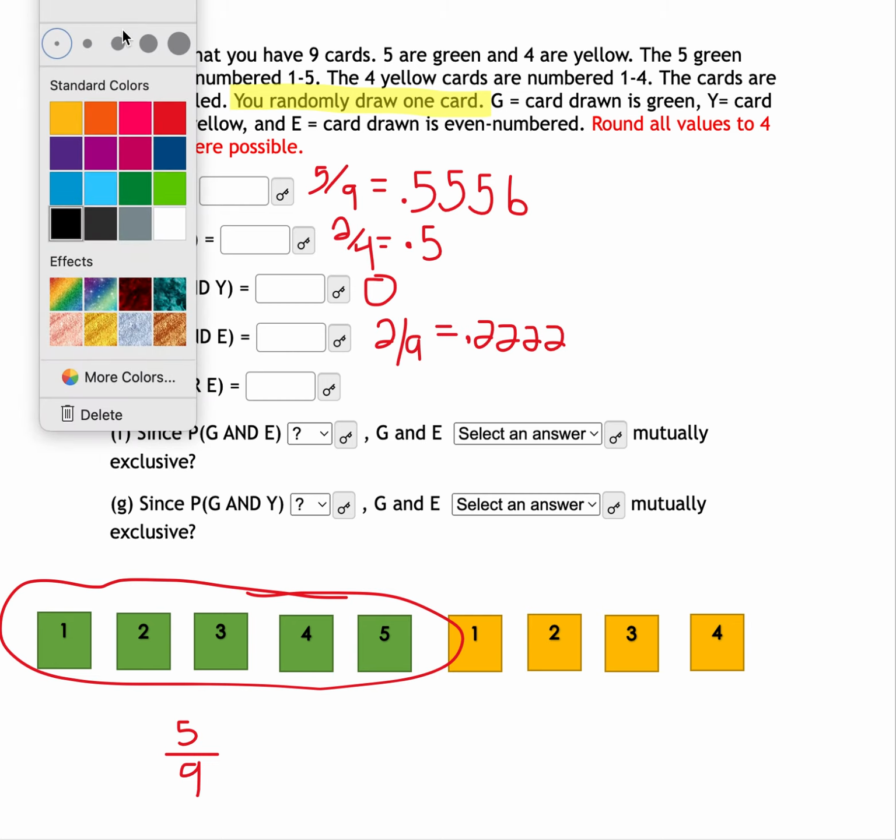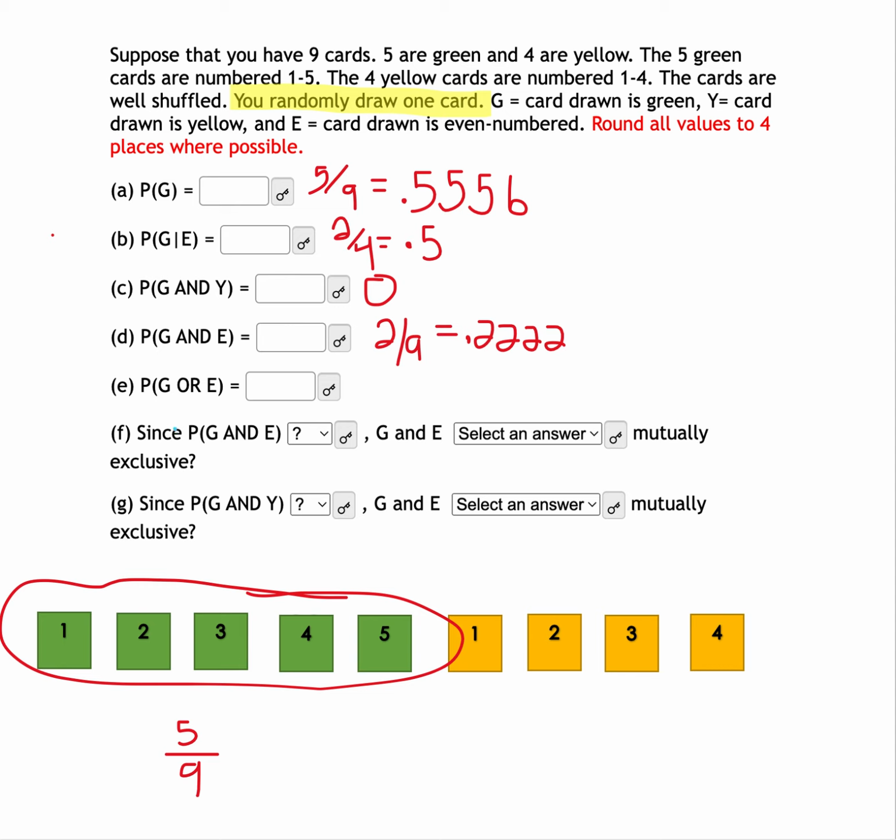I'll use blue. If I pick an even one, that would be 2, 4, or this 2 and 4. Those are the even ones. So I have 1, 2, 3, 4 out of 9. So the probability of picking an even card is 4 out of 9.